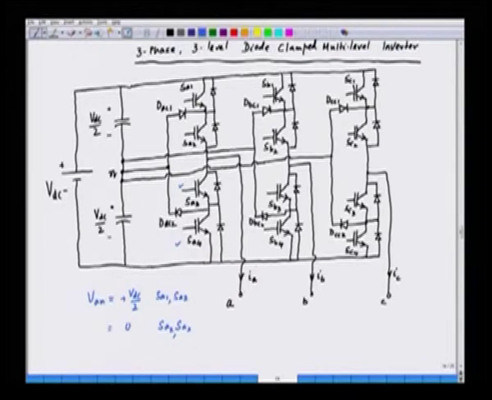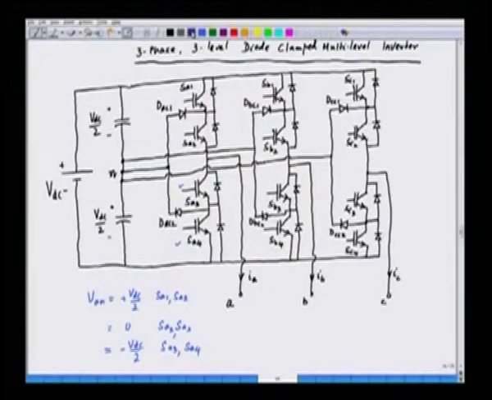So, we can say here that VAN is equal to minus VDC by 2 if we switch on SA3 and SA4. Similar things will be true for phase B and for phase C. So, in fact, for every phase we can have 3 different levels, and hence when we connect a drive, the load in this case could be an induction motor.